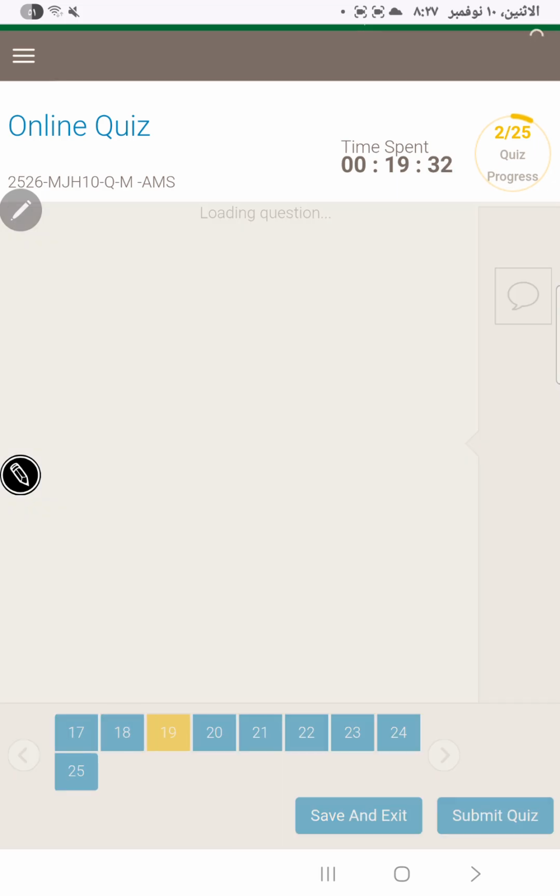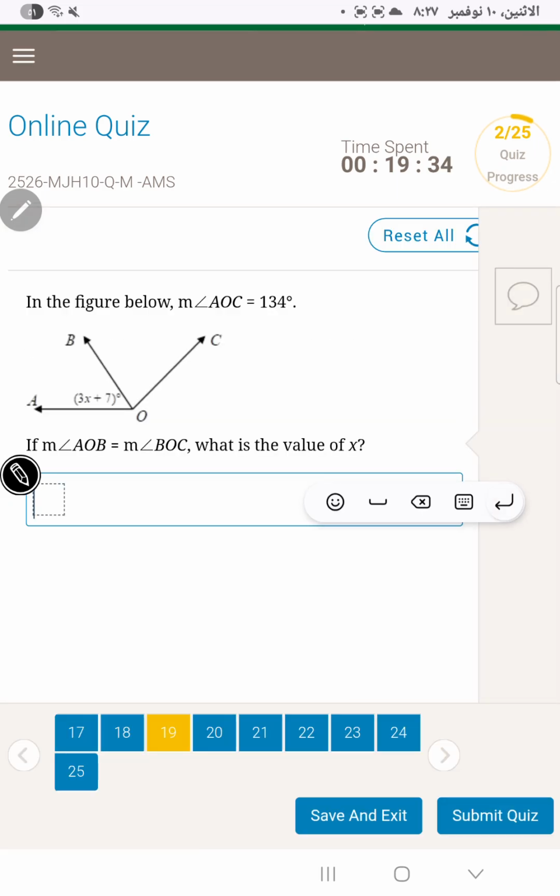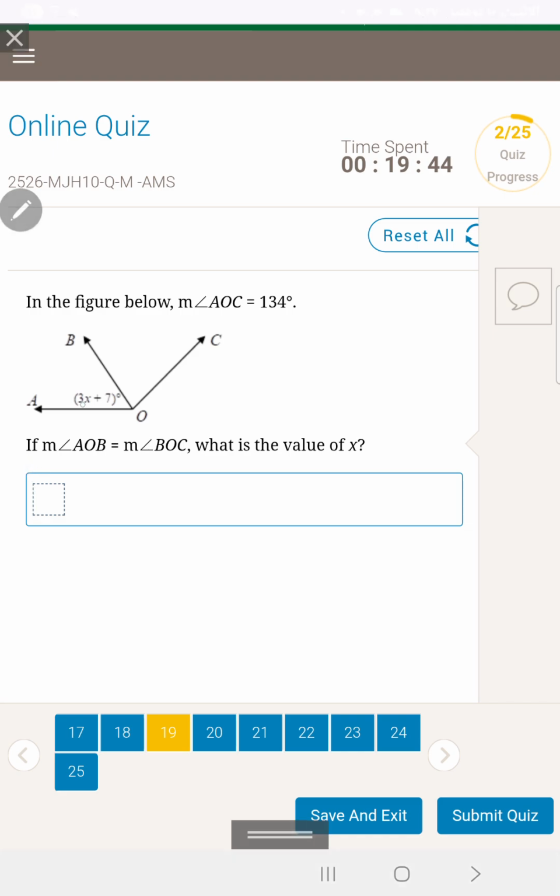Now question number 19. In the figure below, AOC is 134. If the measure of AOB is equal to the measure of BOC, find x. So AOC means the whole of this angle. AOC is 134. These two angles are equal.